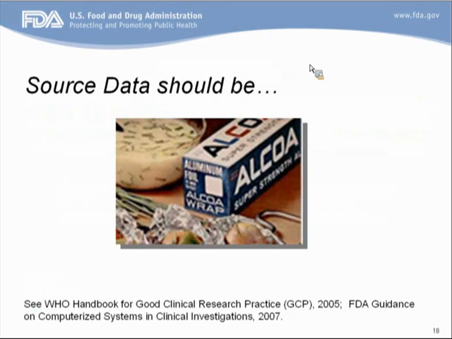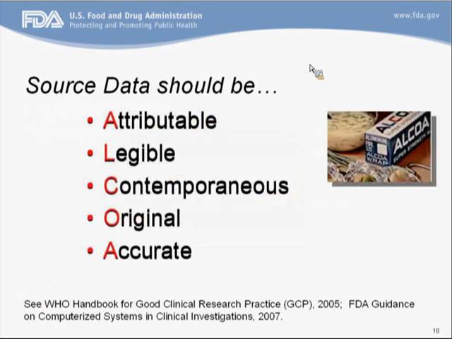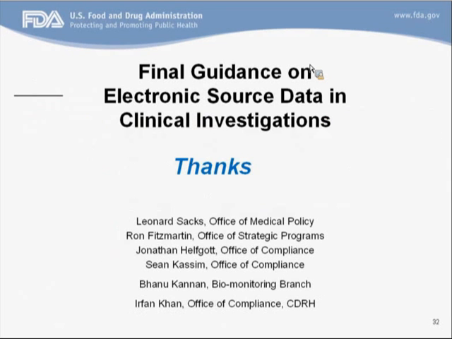But this acronym ALCOA can be found in the WHO Handbook for Good Clinical Research back 8+ years ago, and it's mentioned in the Computerized Systems in Clinical Investigations guidance of 2007. And so what do we mean by that? Well, source data needs to be attributable, legible, contemporaneous, original, and accurate.